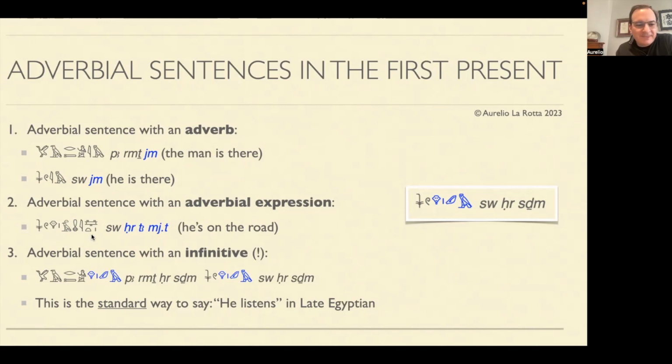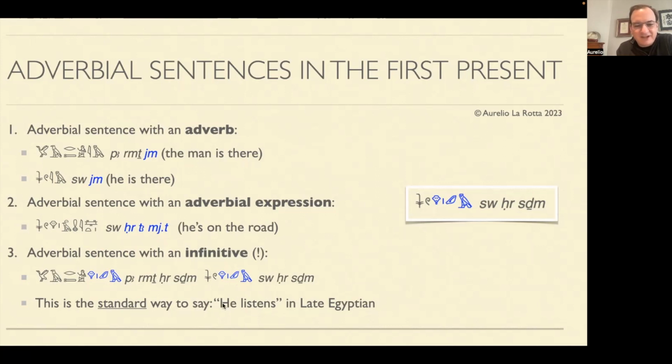Let's take the noun at the end and replace it by an infinitive, because the infinitive is also a noun. So there would be, for example, pa remich cher sajim. So the man is upon listening. Or if I just want to replace the man by su cher sajim, he's upon listening.